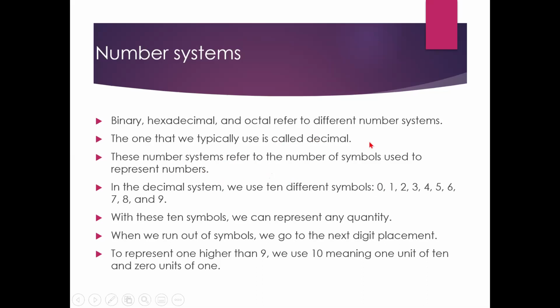These 10 symbols in the decimal number system are 0 to 9: 0, 1, 2, 3, 4, 5, 6, 7, 8, 9. After 9, if you represent any quantity higher than 9, we have to go for a 2-digit number. So that's how we use this conventional number system, which is called the decimal number system.